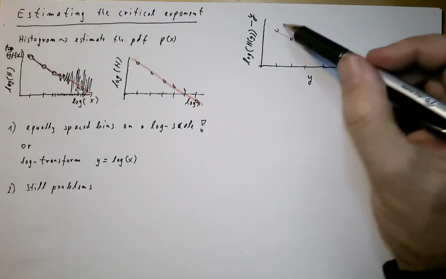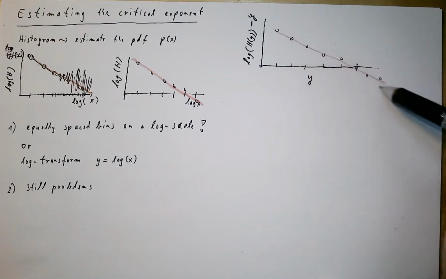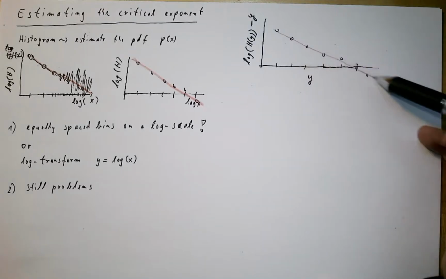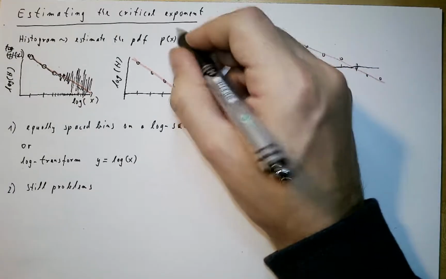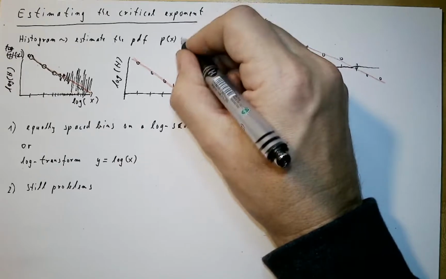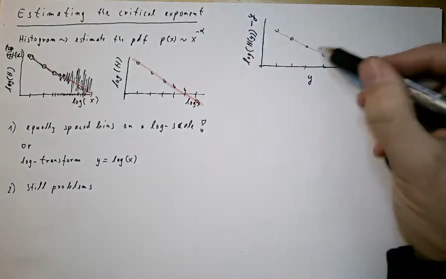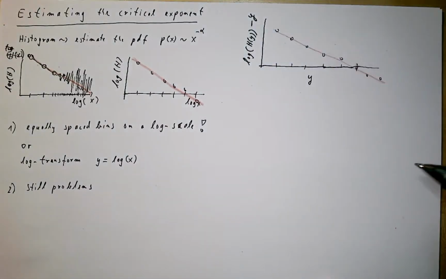And if you make a straight line fit through this, the question is whether the value you obtain by a straight line fit really gives you the slope of your power law. I mean, this should be x to the minus alpha. So what has the slope of the red line to do with alpha, and is this a good estimator?